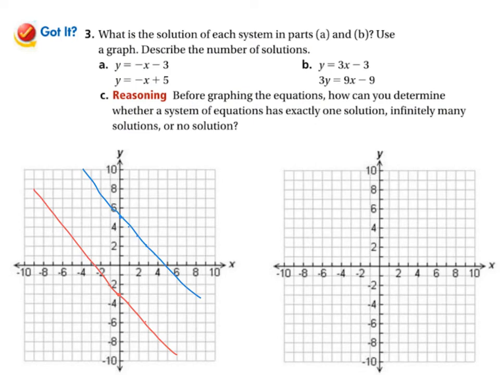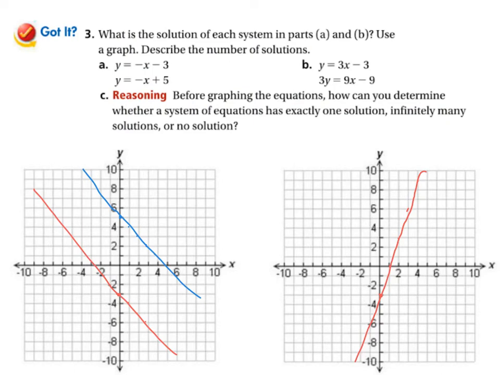What about this one? Well, I'm going to graph the first one because that's easy to graph. Y equals 3x minus 3, and I'll graph that in red. So go down here to -3, and then I have a slope of 3, so I rise 3, run 1, like that. Okay, and I graph it. But what about the next one? Well, for me, it's easiest to graph something if I rewrite it into slope-intercept form, and I can see that it says 3y, not y, so I'm going to divide everything by 3.